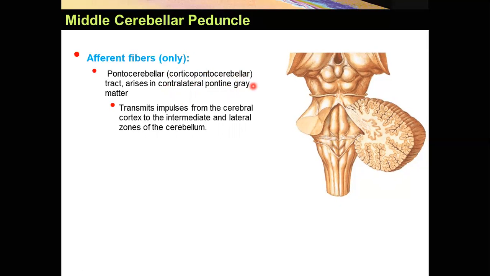In the pontine gray matter, there are neurons whose axons cross the midline and terminate in the cerebellar cortex. That's why this pathway is called the corticopontocerebellar tract. Through these fibers, the cerebellum receives cortical inputs, transmitting impulses from the cerebral cortex to the intermediate and lateral zones of the cerebellum.